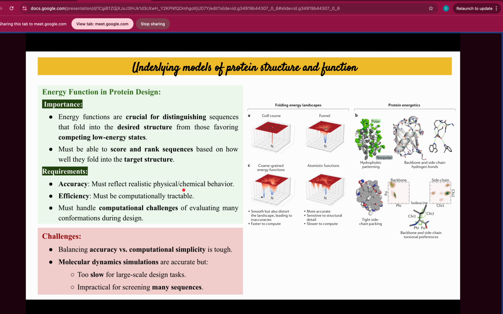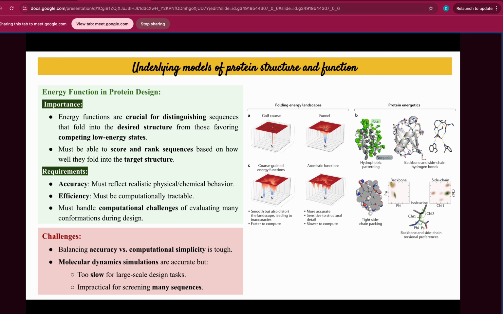So when we talk about this energy function, we have seen in the previous session also that MD simulations try to find out what is the energy of a protein, in which we use different force fields. So a protein has different residues, different atoms which are interacting with one another.